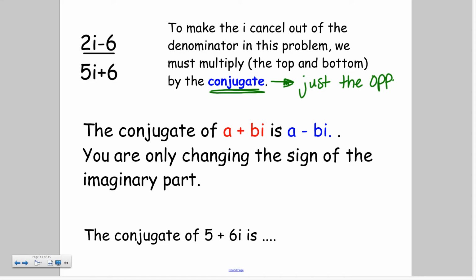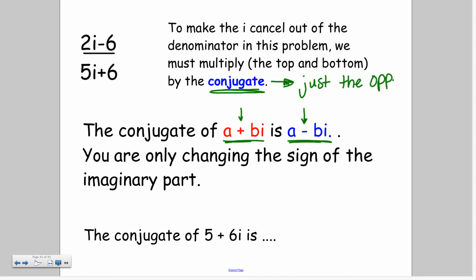All right. So the conjugate of a plus bi is a minus bi. So if you look at that, then you can see the difference in the two. So it's going to be the plus and the minus, the sign in the middle, all right? You're only changing the sign of the imaginary part.